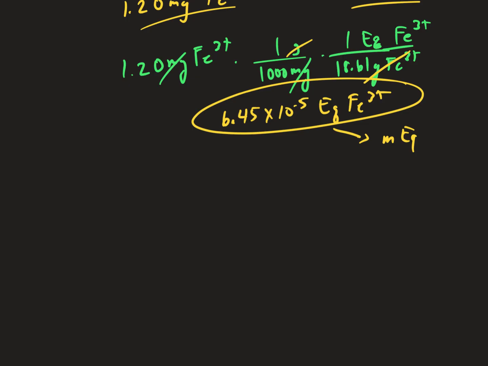So if instead we want to find one equivalent of SO4 2 minus, that would be the molar mass of SO4, which is 32 plus 64, right? That's 96 grams of SO4 2 minus. And we're going to divide it by just 2.